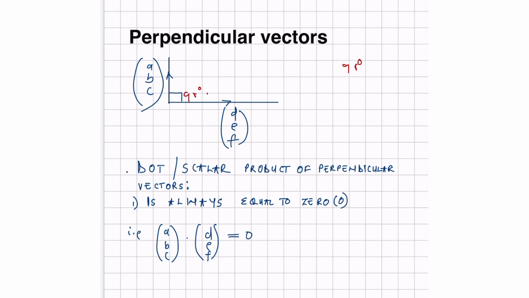That is one concept that we're going to keep in mind. So if you've got vector a, b, c, and vector d, e, f, if you multiply these two, the dot product of that is going to be equal to 0. Let's keep that principle at the back of our minds.